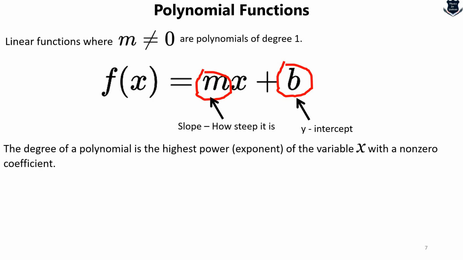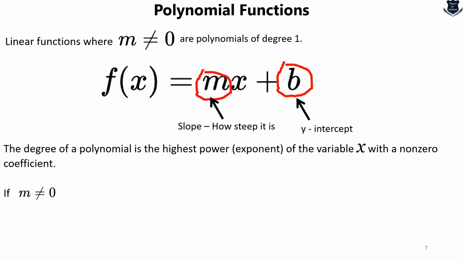Now the degree of a polynomial, as you know, is the highest power, or technically exponent, of the variable x with a non-zero coefficient. In a linear function, the term mx has x raised to the power 1, which means it is a polynomial of degree 1.